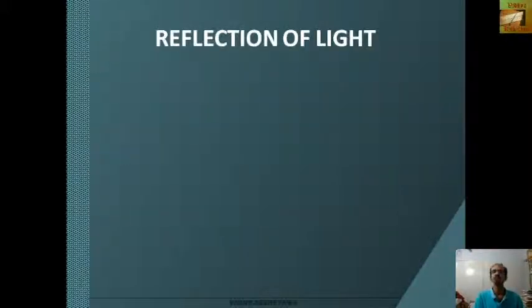Now reflection of light. Reflection of light is the bouncing back of light from a surface. For example, we can see an instance in which this is a reflecting surface. Now a ray of light is incident on this surface, and a ray of light gets reflected off this surface.